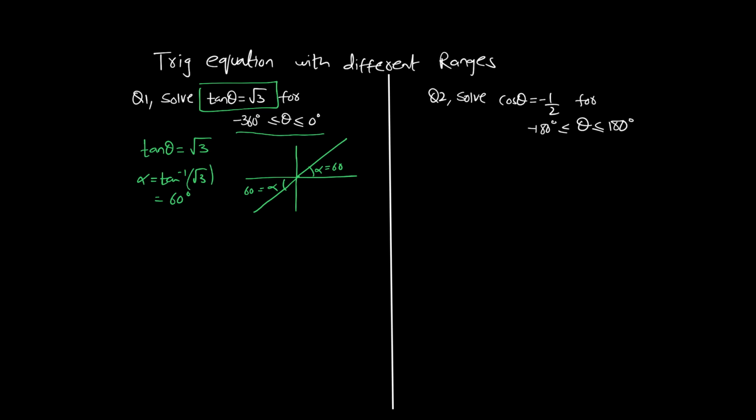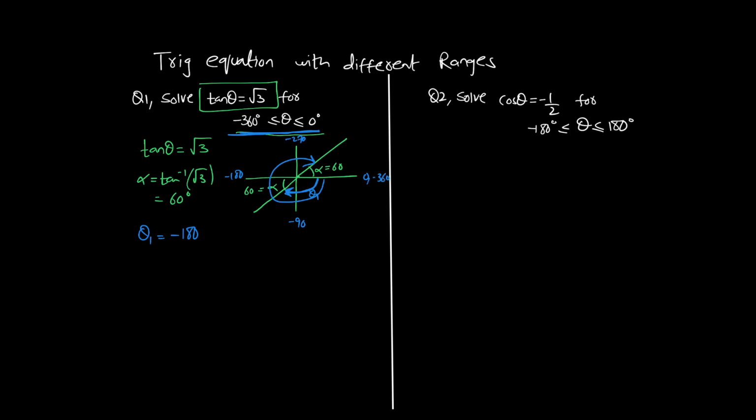Okay. Now we have to give negative angles because the range is minus 360 to 0. So in order to find negative angles, you move clockwise. So one angle would be this and the other angle would be this one. So in order to find this angle, theta 1 would be minus 180, because this is 0, this is minus 90, minus 180, minus 270 and minus 360.